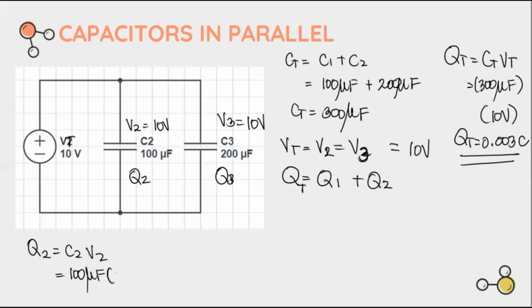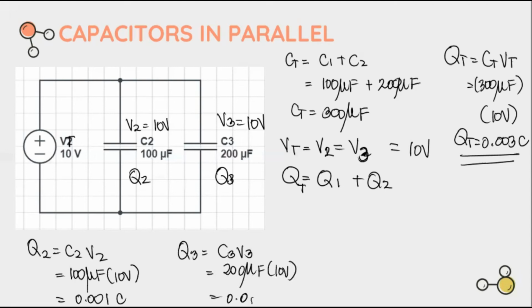Ang V2 natin is 10 volts. Okay, so equal po siya sa 0.001 coulomb. Tapos, ang Q3 natin ay C3V3. Okay, so 200 microfarad multiplied by 10 volt is equals to 0.002 coulomb.